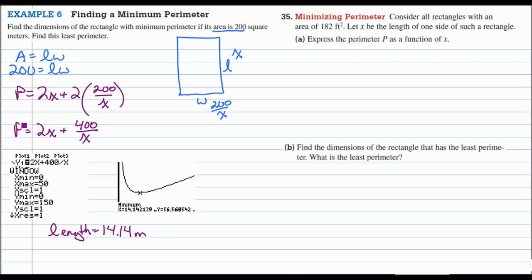The perimeter was the y value that came out of my function because I plugged in the perimeter equation. So this would be the perimeter, 56.57 meters.